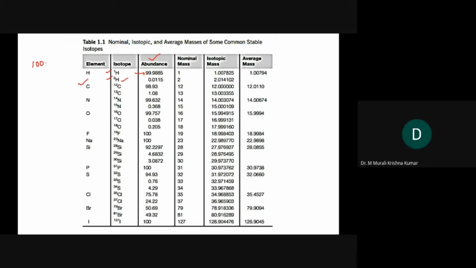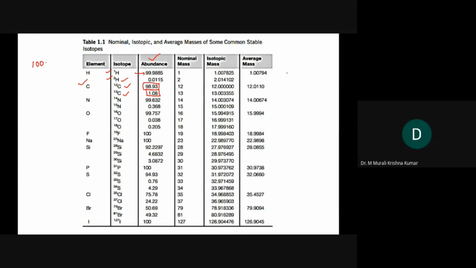In the same way, if you take carbon, C12 and C13 both can be there. So here if you observe, C12 is 98.93, whereas carbon 13 is almost 1.08. What does it mean?